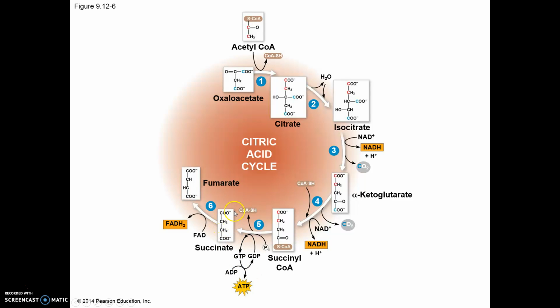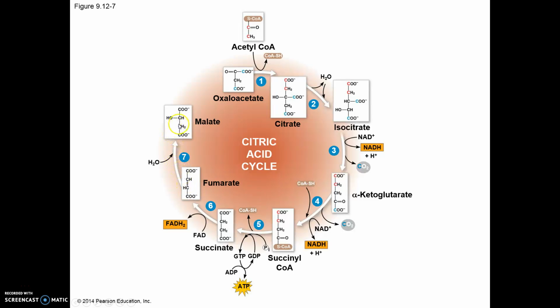Now we can take this molecule here, and then we can take a couple more electrons off. The result of that is instead of having a single bond here, we now have a double bond, because since we've stolen some of the electrons and some of the hydrogens, it has to rebond with itself to fill the missing gap.